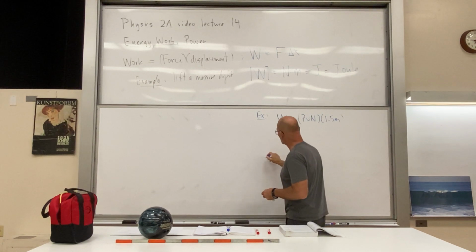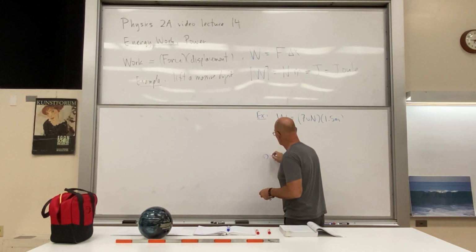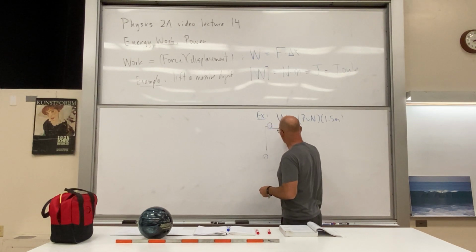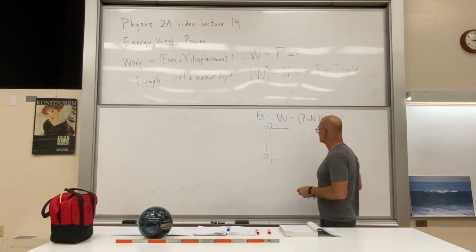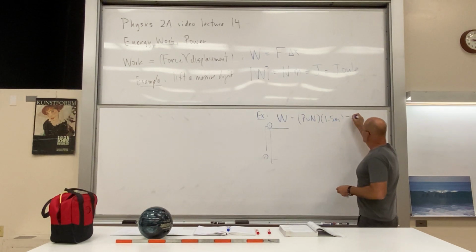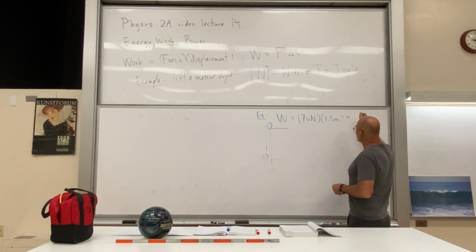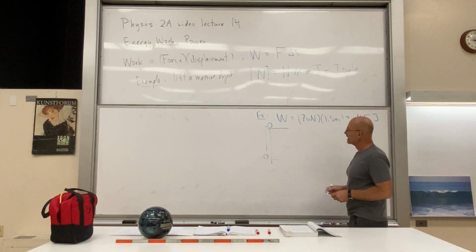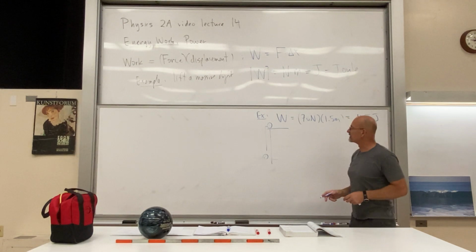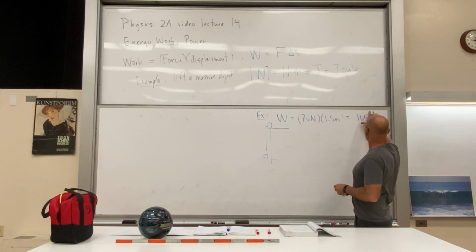I lifted the bowling ball up to 1.5 meters. Maybe I rested it on a shelf, okay? And then we would have 70 times 1.5 is 105. 105 joules. So good, units of work are joules.